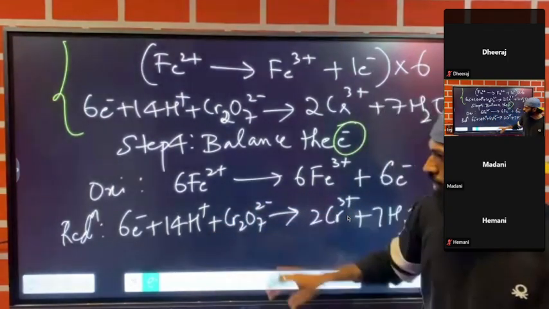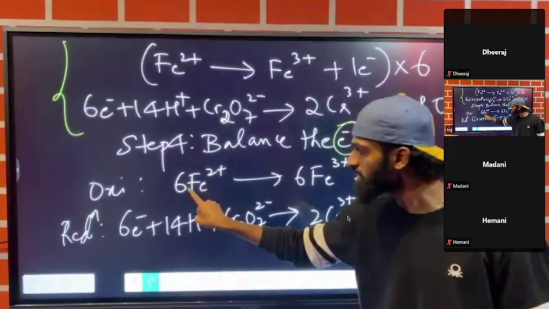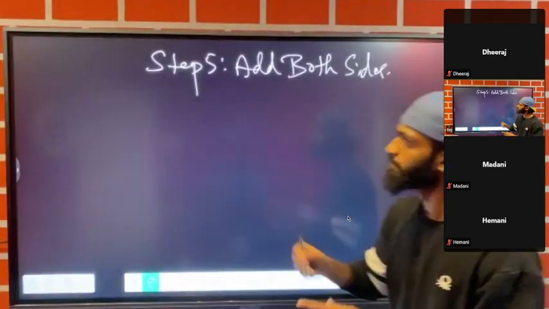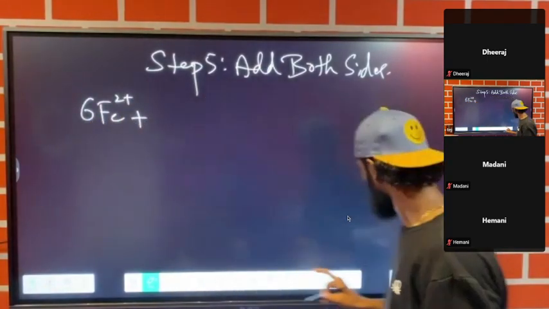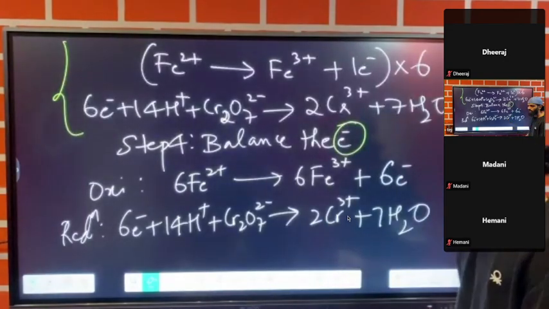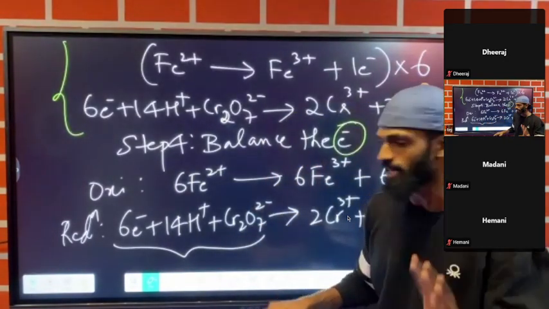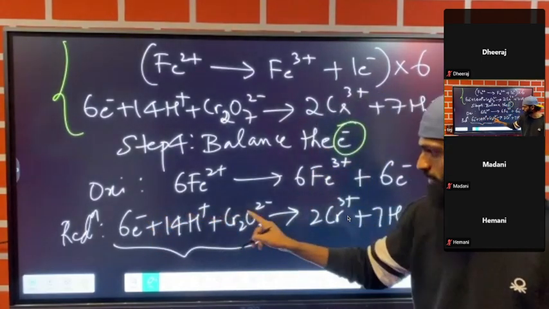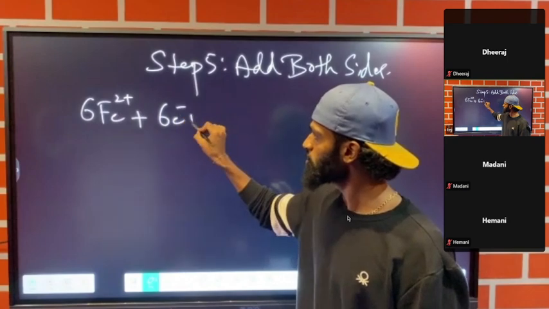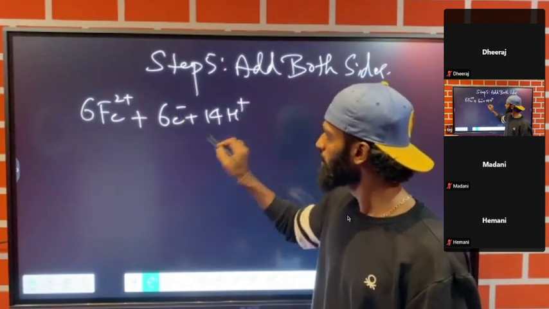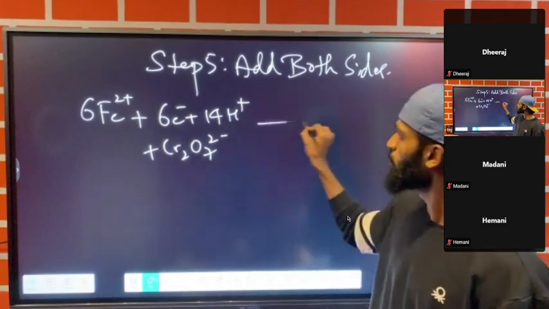Guys, careful. Oxidation half. What is there on the left hand side? 6 Fe2 plus. Only copy that. Put a plus. Come back to the reduction half. In the reduction half, whatever is there on the left hand side, copy paste that. I can find 6 electrons, 14H plus, Cr2O7 2 minus. Everything I'll copy. Plus 6 electrons plus 14H plus Cr2O7 2 minus. Done. I'll put the arrow mark.